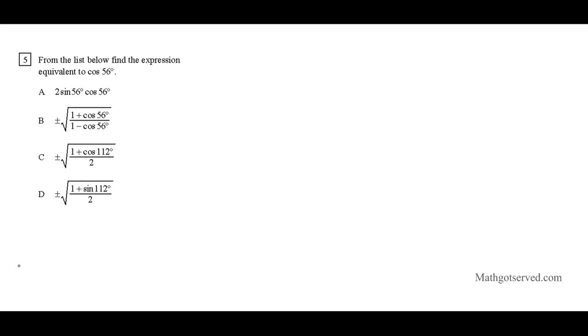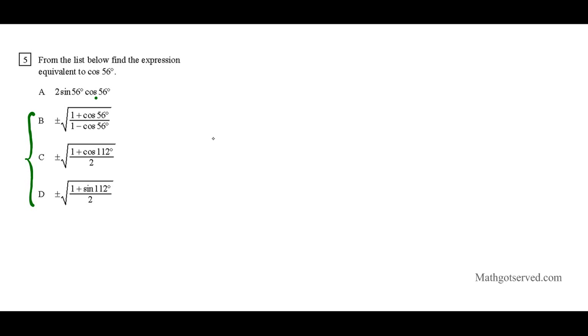Number 5, it says from the list below, find the expression equivalent to cosine 56 degrees. So if you look at these three, B, C, D are the half-angle identities. These are in the form of the half-angle identities, but this is in the form of a double-angle identity. But this is a double-angle identity that's in sine form.